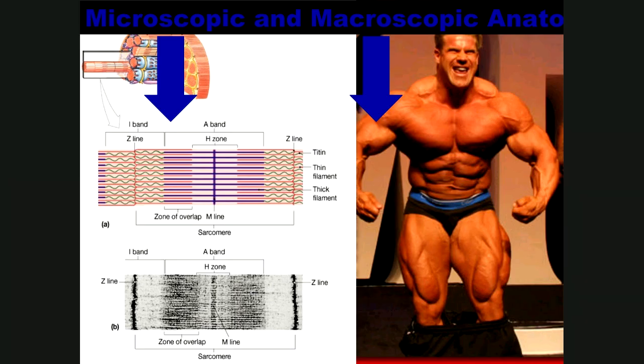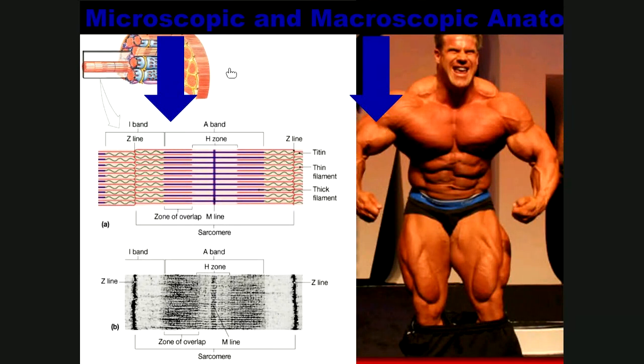We have to learn some other basic terms. We have to know the differences between macroscopic anatomy versus microscopic anatomy. Macroscopic anatomy, or gross anatomy, means that we can see these structures with the unaided eye. For example, in this situation, we can see skeletal muscle on this weightlifter.